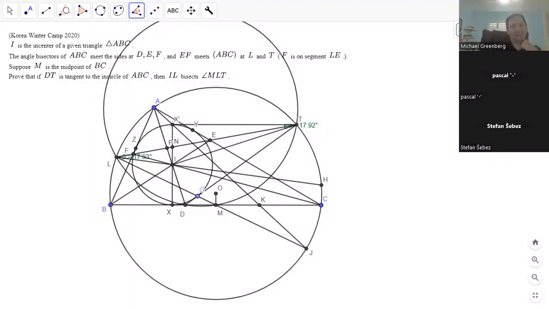Yeah, and also looks like those two angles are also equal to ITD. Okay. So this would bisect this angle also. Okay. Yeah. Just let me think a bit. Maybe we have that ITD is ILP.